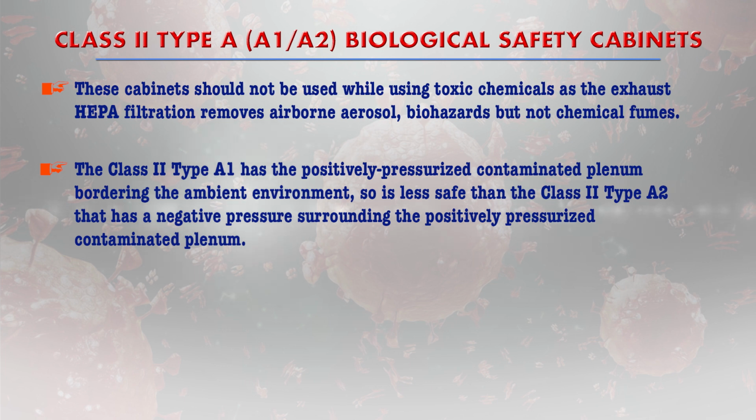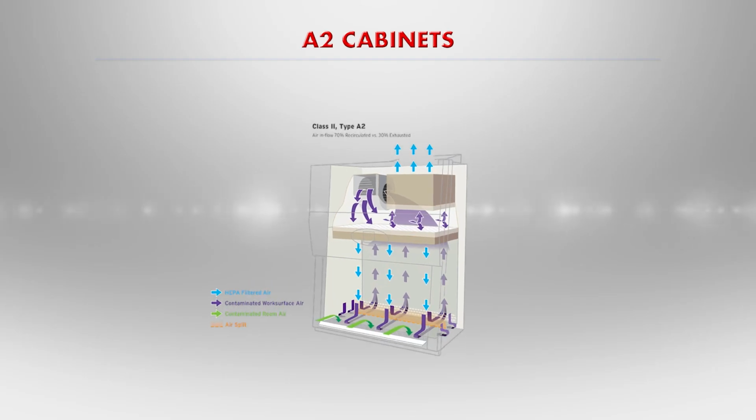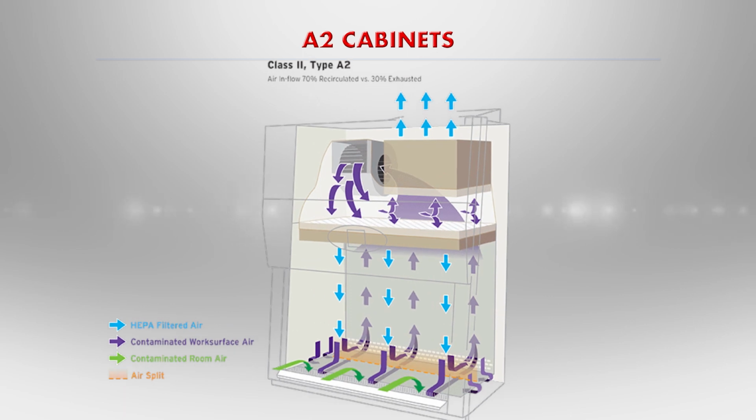So it is less safe when compared to the class 2 type A2, which has a negative pressure surrounding the positively pressurized contaminated plenum. Hence the type A1 design is now considered an obsolete model. So in this A2 cabinet, 70% of the air from the positive plenum is recirculated as a downflow, and the remaining 30% is discharged to the lab through the exhaust filter.